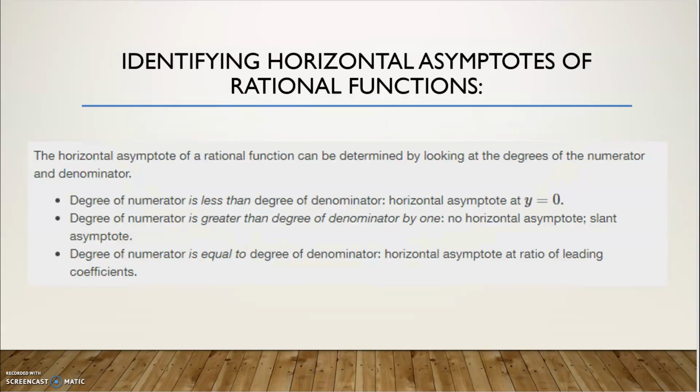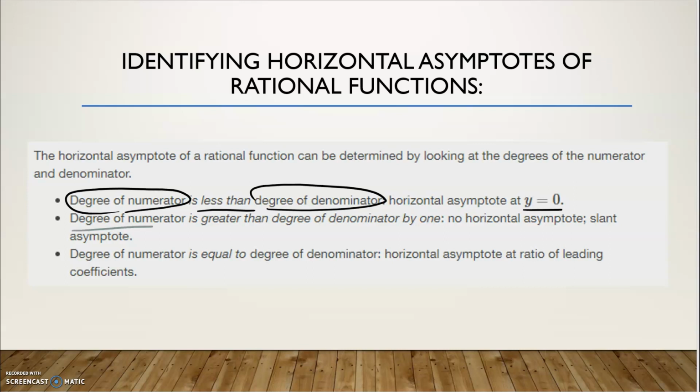Now let's talk about identifying horizontal asymptotes of rational functions. A horizontal asymptote of a rational function can be determined by looking at the degrees of the numerator and denominator. We'll have three cases. If the degree of the numerator is less than the degree of the denominator, then we have a horizontal asymptote at y equals 0.